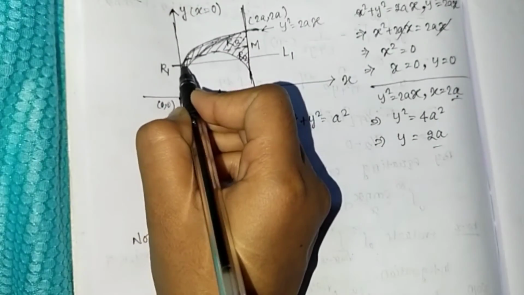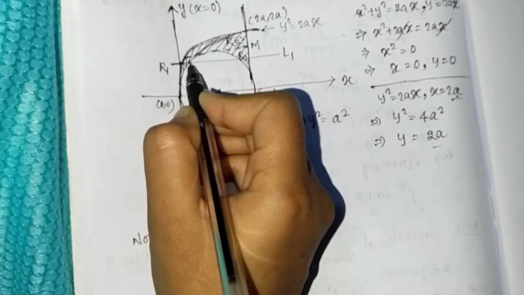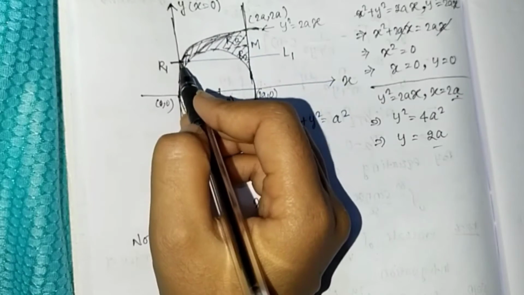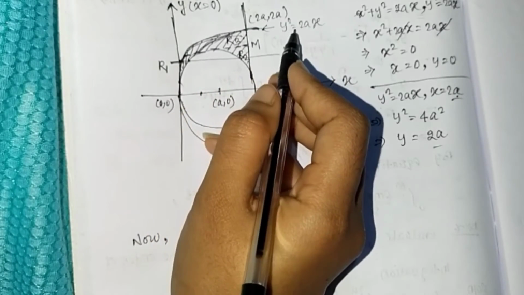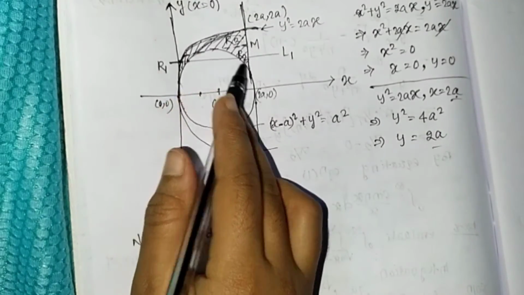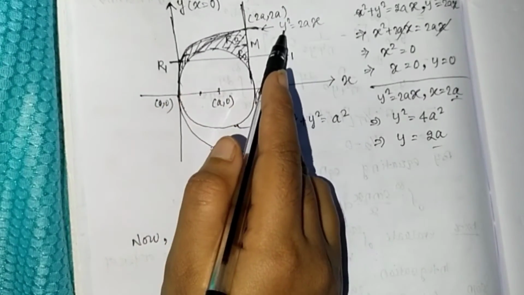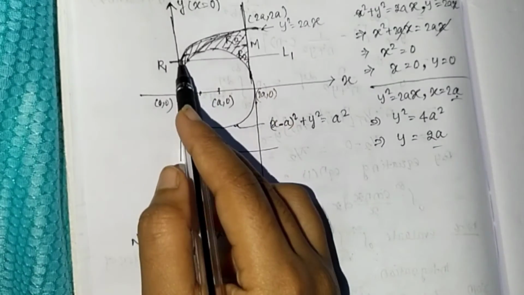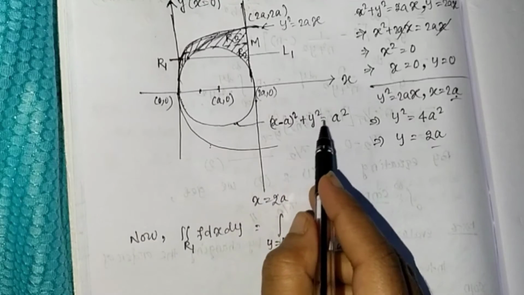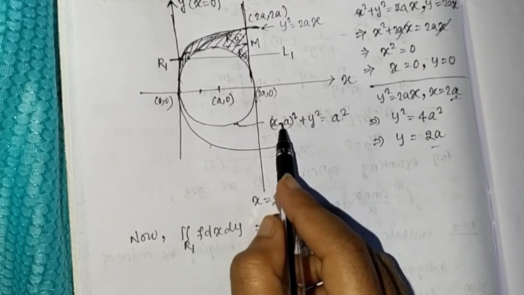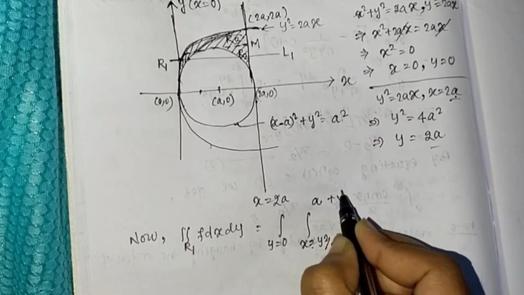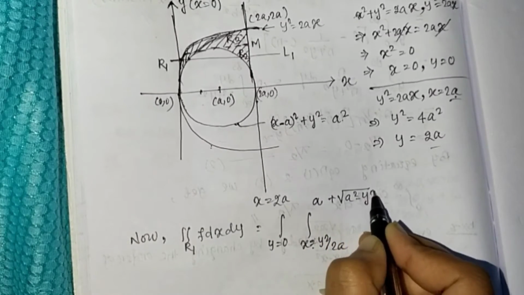So this point to this point is our x limit. This is the parabola, so x is y square by 2a. This is our x, and this circle is x square plus y square by 2a. x is from y square by 2a to a plus root of a square minus y square.